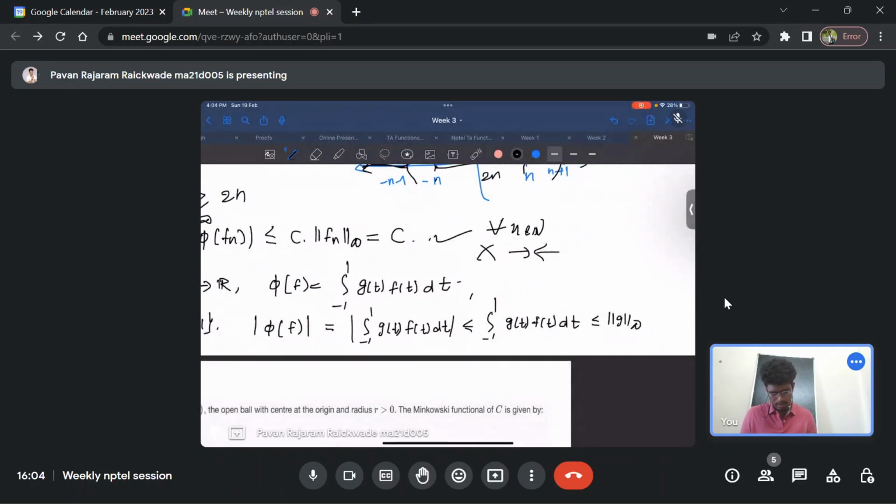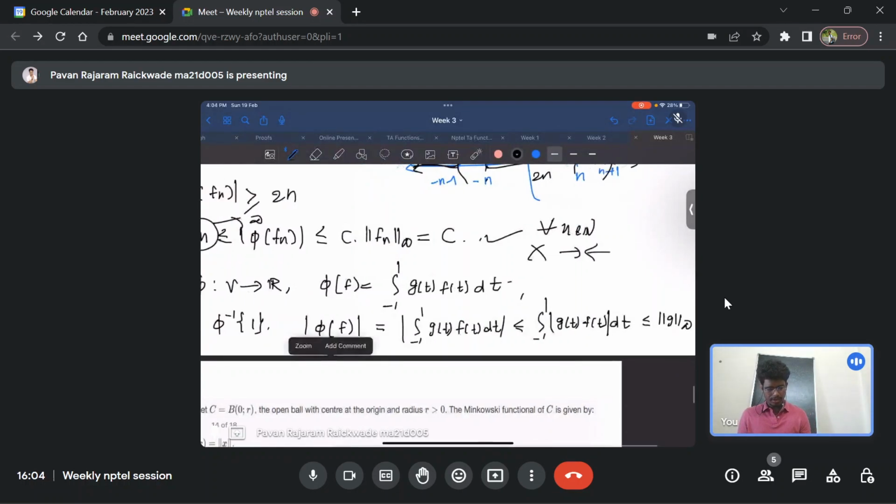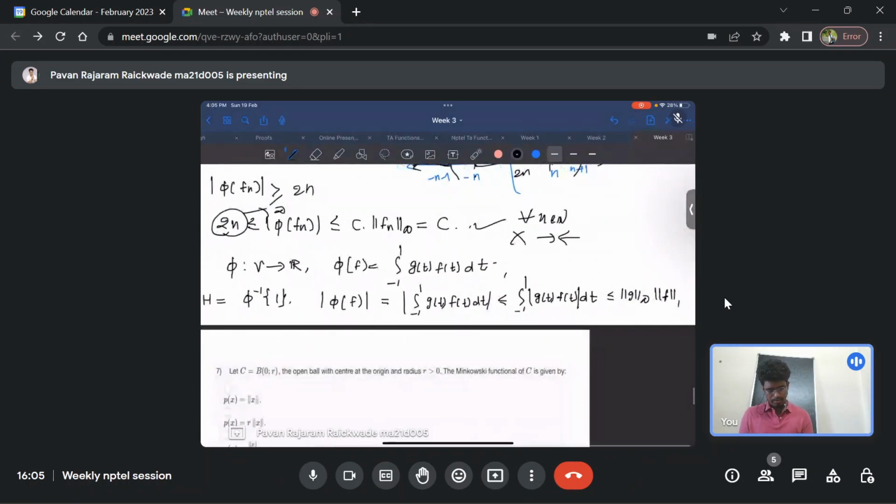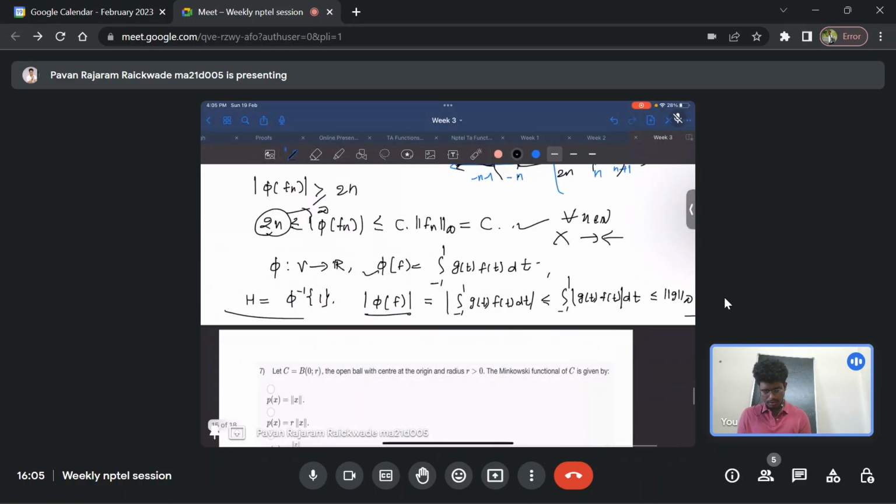I can take norm g infinity outside and the remaining part will be the one norm of f. So this phi will be a continuous linear functional. Here we'll take V to be the set of all continuous functions on [0,1] with respect to the one norm. So what we have proved now is that this linear functional phi is continuous, hence H will be a closed hyperplane.